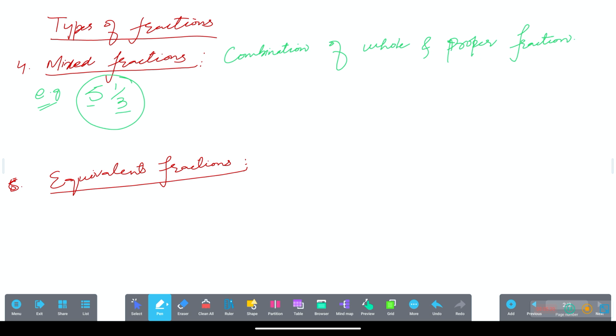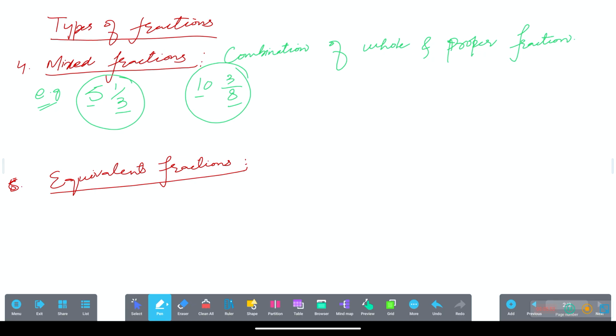Next example I will take 10 3 by 8. This is again a mixed fraction because it involves the whole part 10 and a proper fraction 3 by 8. So any number that is the combination of a whole and a proper fraction part forms a mixed fraction.